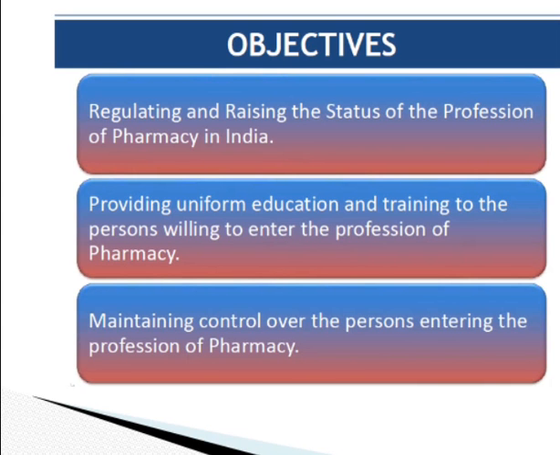So, a registered pharmacist is a person whose name for the time being is entered in the register of pharmacists of the state, and who is for the time being residing or carrying on his profession or business of pharmacy. To whom can you call a registered pharmacist?